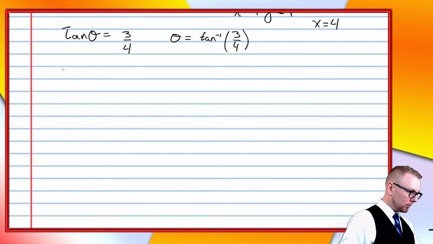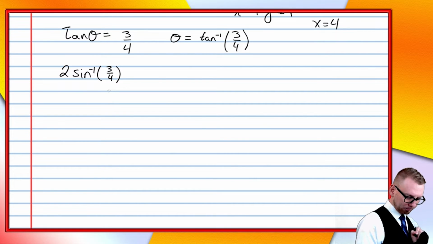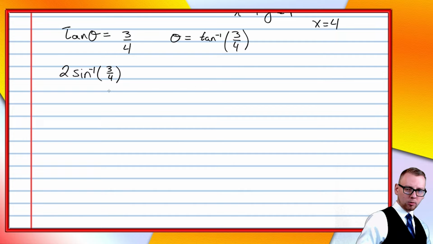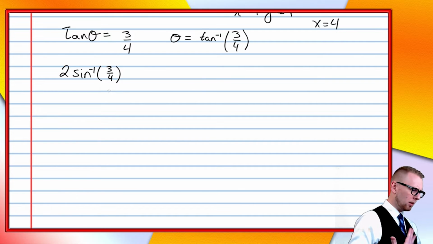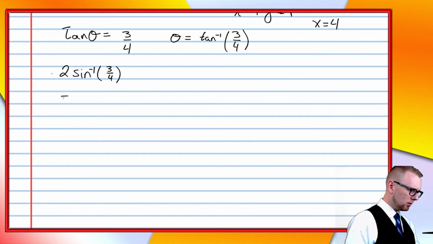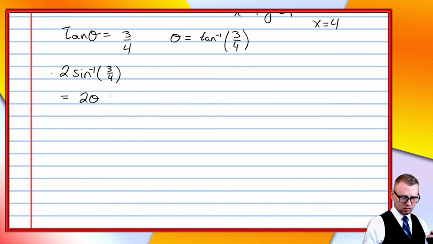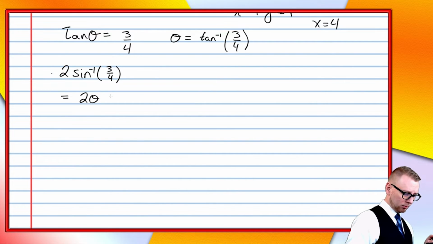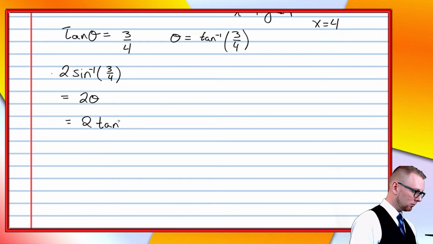We've got 2 sine inverse of 3 over 5. Well, we said before that sine inverse of 3 over 5 was theta. So this is equal to 2 theta. But theta is also equal to tan inverse of 3 over 4. So we've got 2 times tan inverse of 3 over 4.